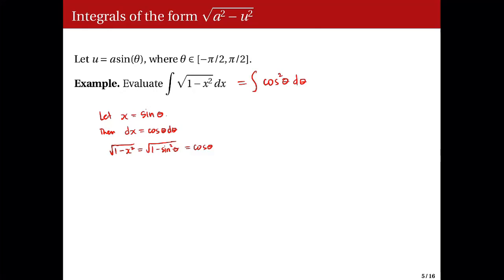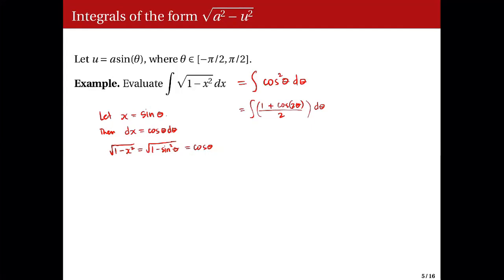And then we just have cosine squared theta as an integrand here. We can use an identity. This cosine squared theta is equal to 1 plus cosine 2 theta divided by 2, and then you have the d theta.